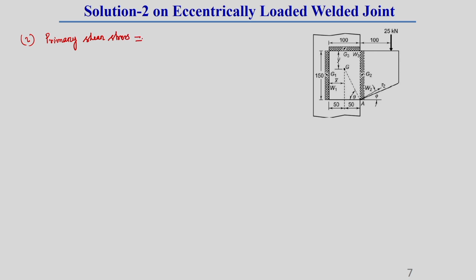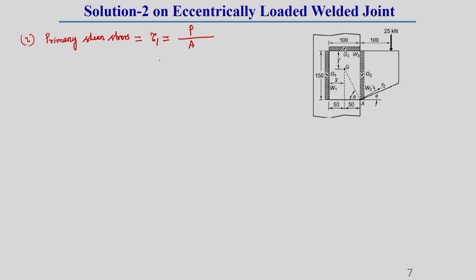The primary shear stress tau 1 is equal to the applied load P divided by the total cross sectional area of all welds.